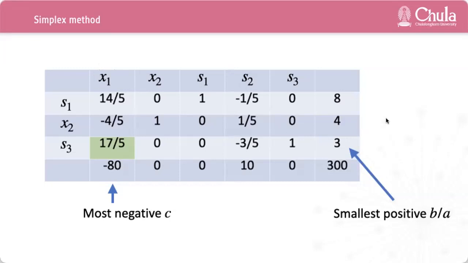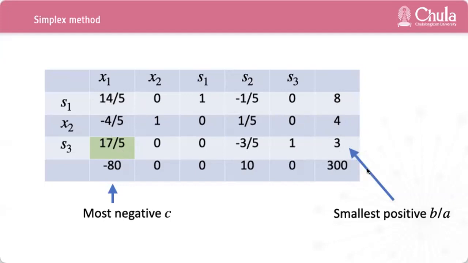So we consider b over a again from this column. You see, b over a in this one is 8 over 14 over 5. And for this second line, we will not do it because a is already negative, not positive anymore. So we don't remove x2 from the set of basic variables, okay? And what about s3? S3 is 3 over 17 over 5.